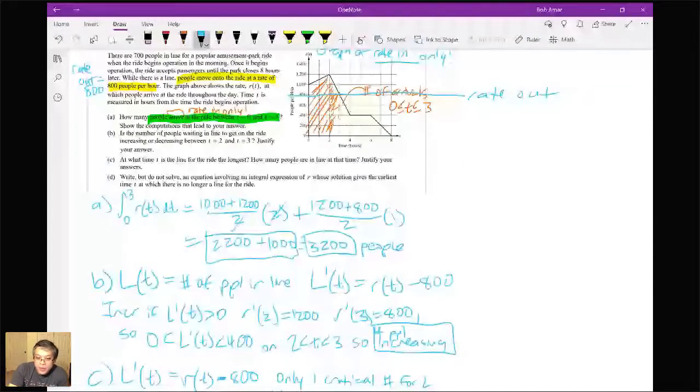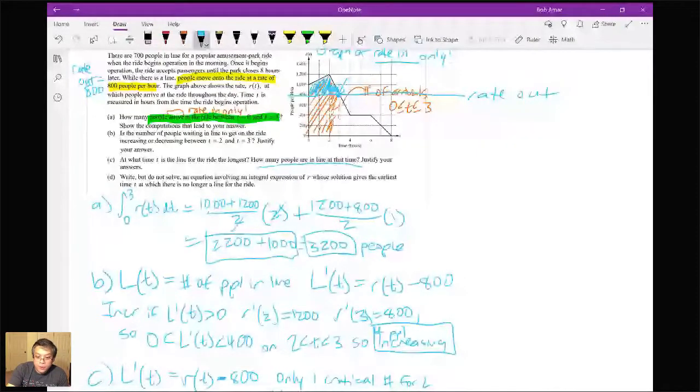But here is where it goes from increasing to decreasing. Here is the critical number for people. So it wants to know how many people are in line at that time. Here, the net number of arrivals is above the line 800.